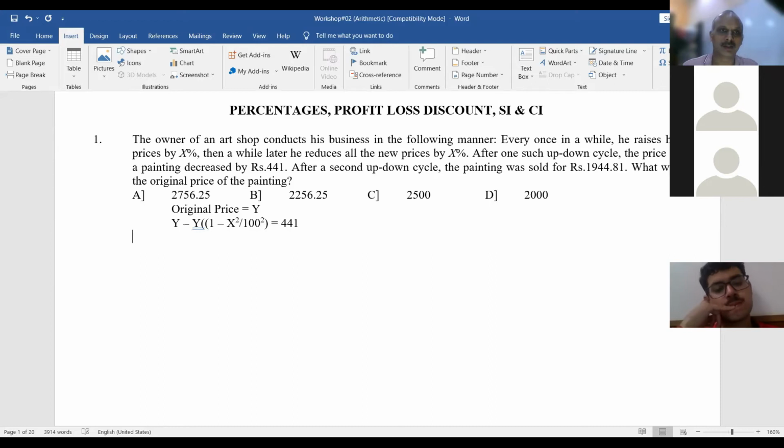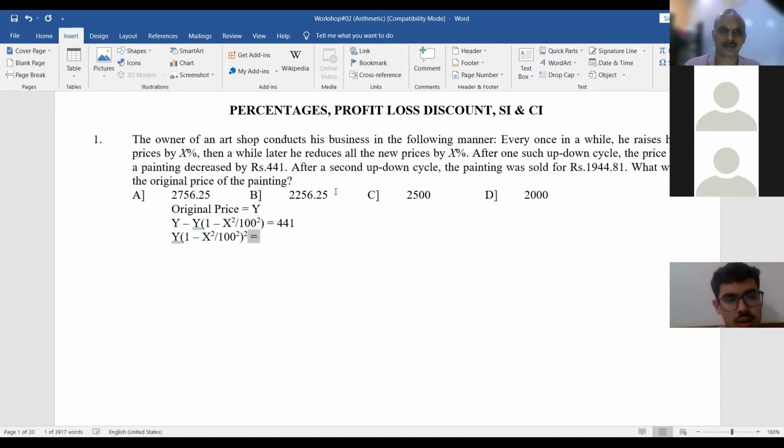And after that, our new price becomes y into 1 minus x square by 100 square. Is it okay? Yes, sir. And this is our price after the first cycle, and this is further the square of that. Yes, sir. That's what I think you were trying to say. Now what? Yes, sir. Sir, it's equal to that price.